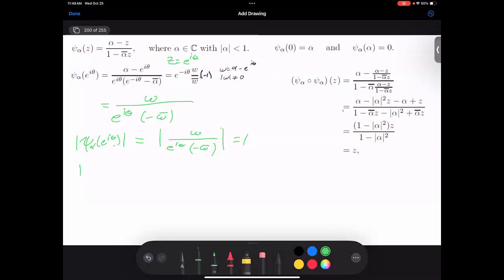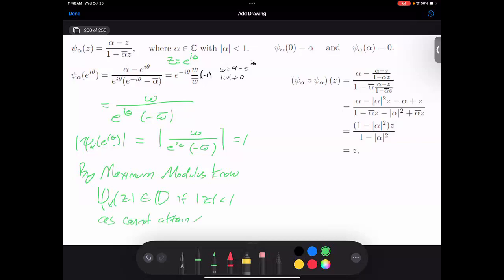So by maximum modulus, we know that the absolute value of C alpha of z is inside the unit disk if the absolute value of z is less than 1, as it cannot attain its max interiorly.